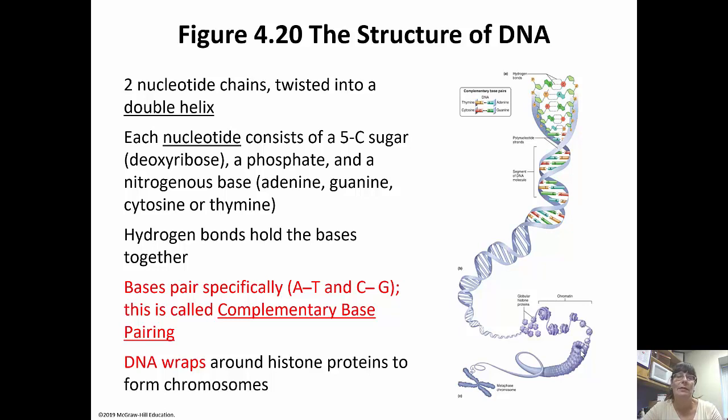DNA wraps around the histone proteins to form chromosomes. So when the cell is not actively dividing, the DNA is kind of stringy looking, and it's called chromatin. As the cell gets ready to divide, the DNA wraps itself around those histone proteins and gets tighter and tighter and tighter until it's condensed down into a chromosome.